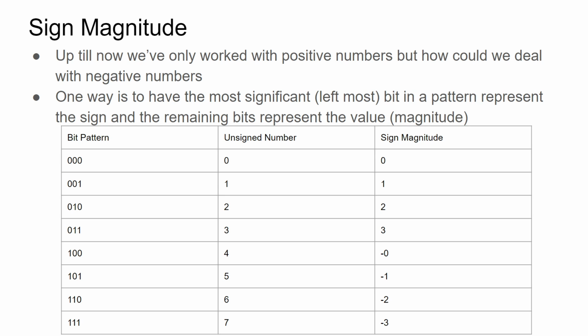What are you missing to be able to answer the question? We're missing context, right? So this bit pattern 1, 0, 1 could mean 5, or it could mean negative 1, or it could mean something completely different. If you got this question, the answer is, I don't know. Tell me more. Because you need more context, because bits on their own have no meaning. You have to be told how we're interpreting them.